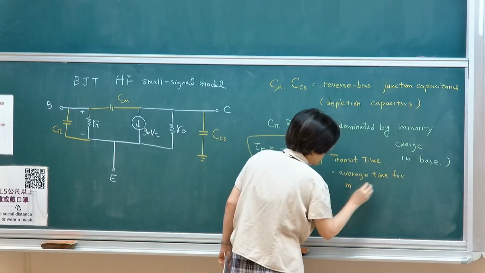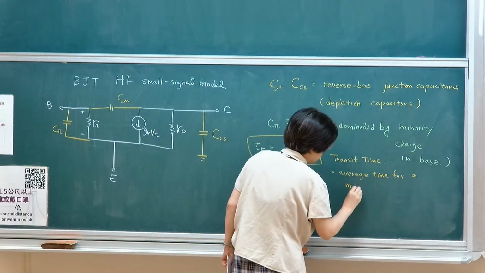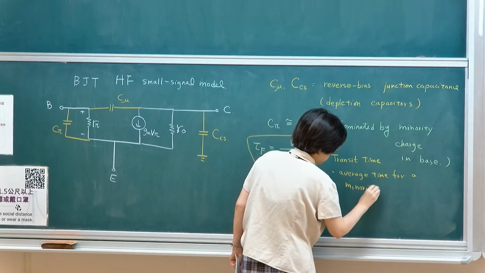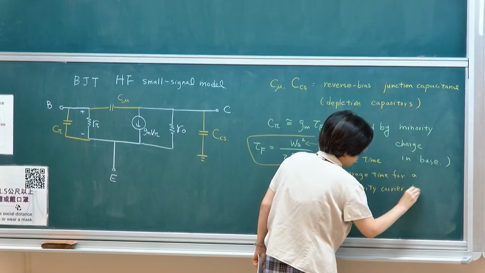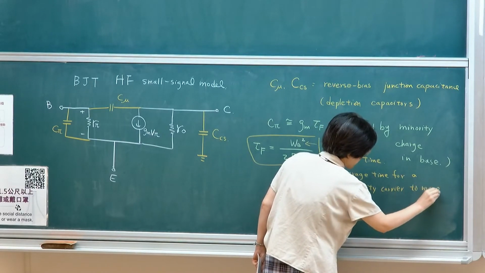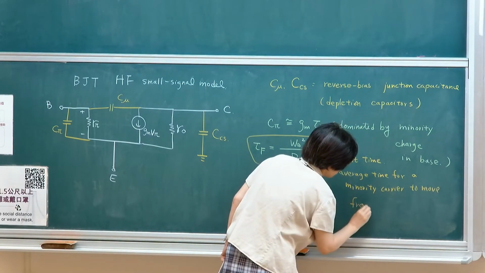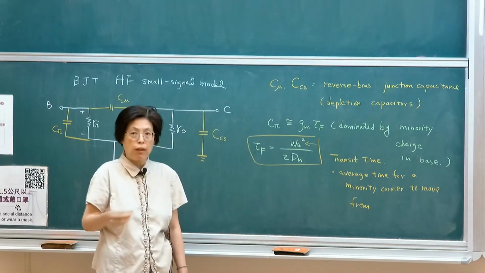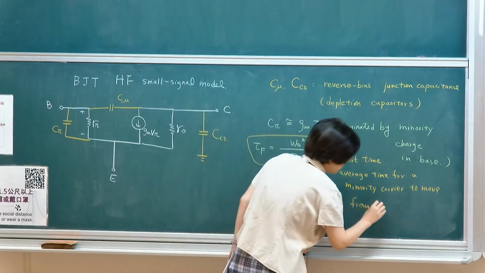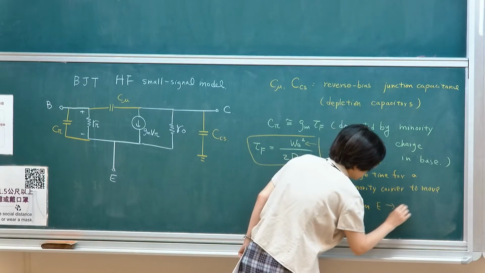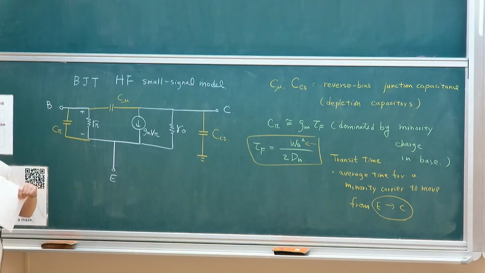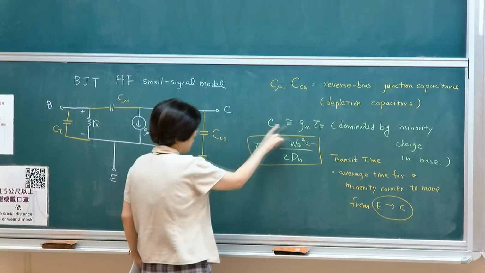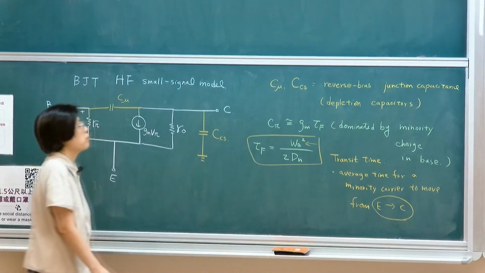To give it a more intuitive sense, it is the average time for a minority carrier to move from emitter to collector within the base. It's like a transit station. So the average time is defined by tau f.